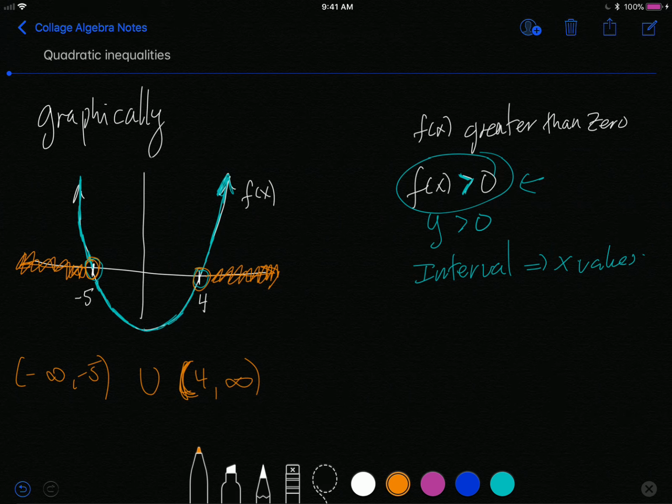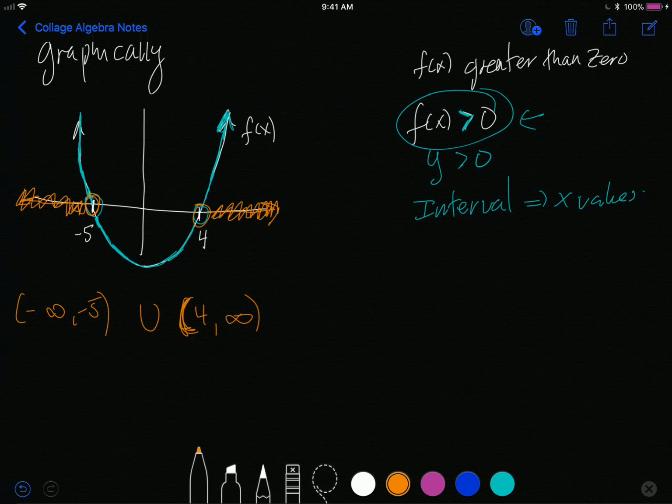So, again, I could have asked almost the same question, but with the sign flipped. So, let's say I asked this question for the same graph. When is f of x less than or equal to 0? Notice this time I'm using the inequality less than or equal to 0.